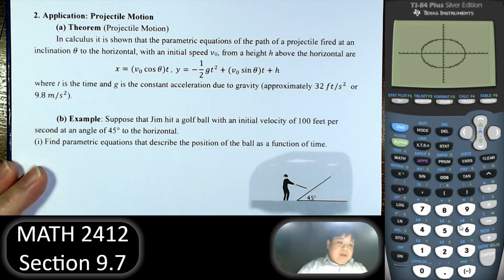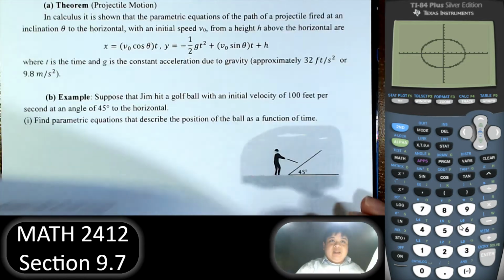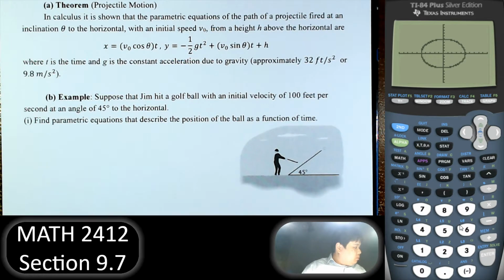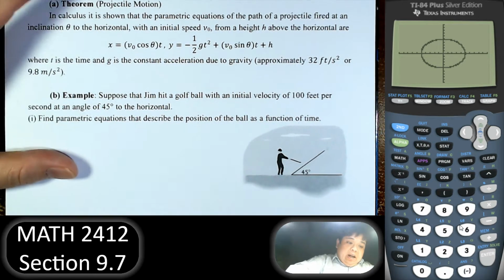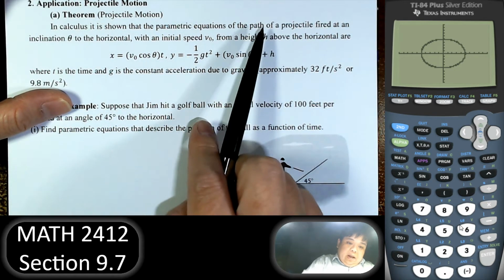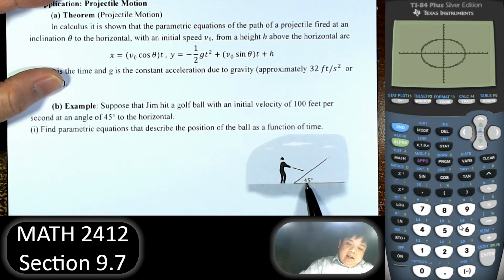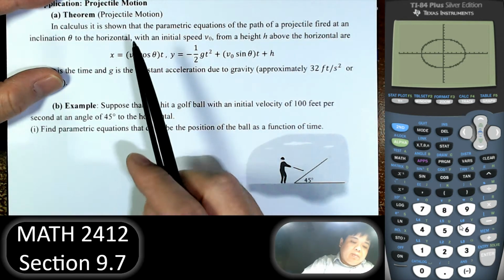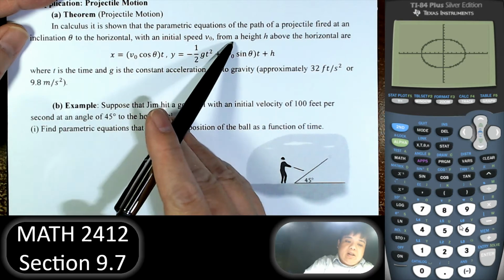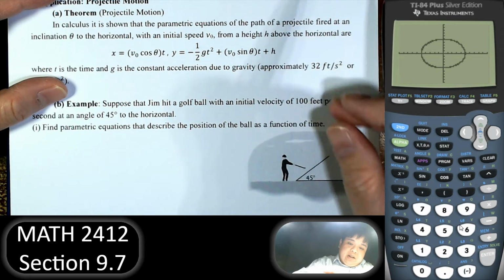Right. Next we have an application, projectile motion. Actually, only this example is projectile motion. The next one is not. Right. So in calculus, it can be shown that in parametric equations, the path of a projectile fired at an angle theta, like hitting a golf ball 45 degrees off the ground, for example, with initial speed v0, and h the height above the ground.